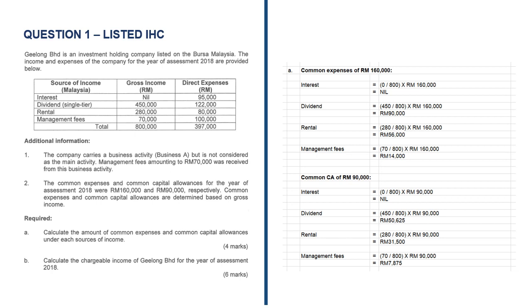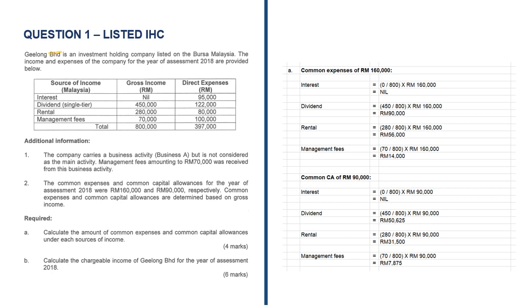So kalau first kali you tengok dekat sini, Geelong Berhad, nampak perkataan Berhad here. We know that this company is a listed IHC sebab perkataan Berhad. Okay, so given to us, Geelong Berhad is an IHC listed on the Bursa Malaysia.